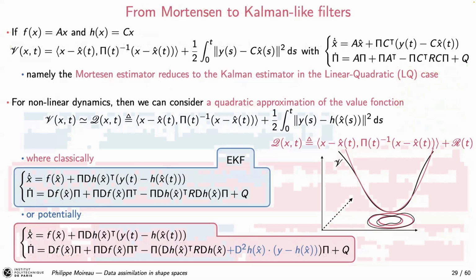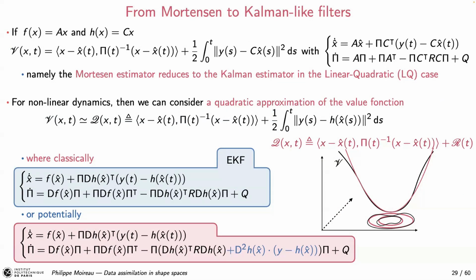When f and h are linear, you can prove that the value function has this structure where pi and x are given by the Kalman filter. So in the case where everything is linear in terms of dynamics and observation, the value function is just a parabola that evolves through time. What you want to follow is the minimum of this parabola, and the covariance gives you the extension of the parabola around the minimum.